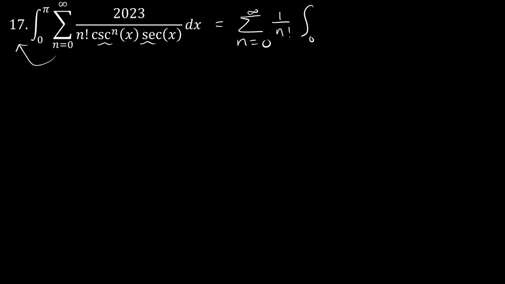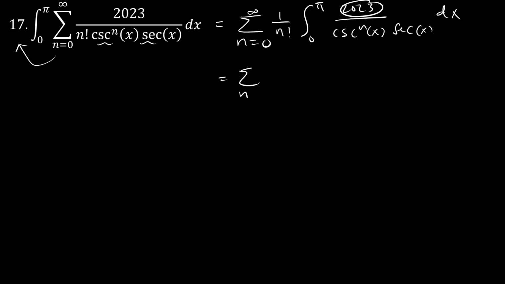then the integral from 0 to pi of 2023 over cosecant to the n of x times secant x. And so we could still even pull this constant out.